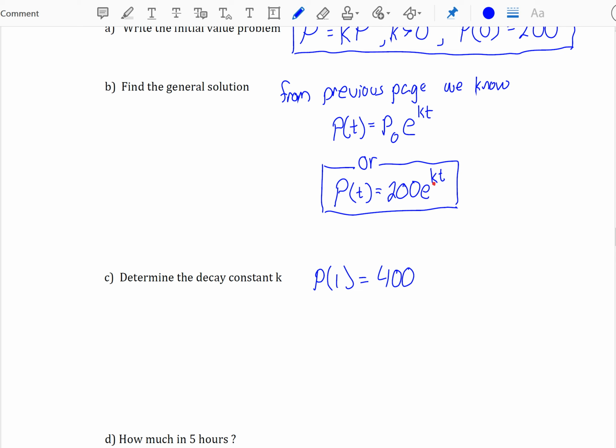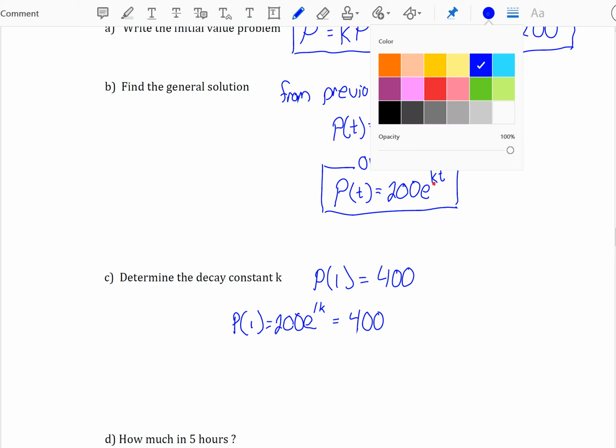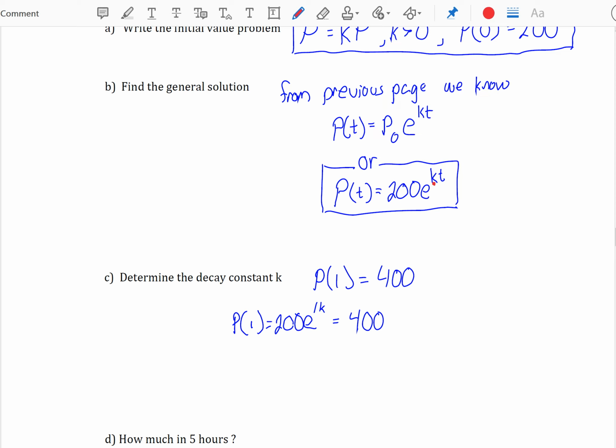We can use this to determine what our value of k would have to be, because P of 1 would be 200 e to the 1k, and we know this has to equal 400. Notice that the only thing that's not known in this equation is what the value of k is.